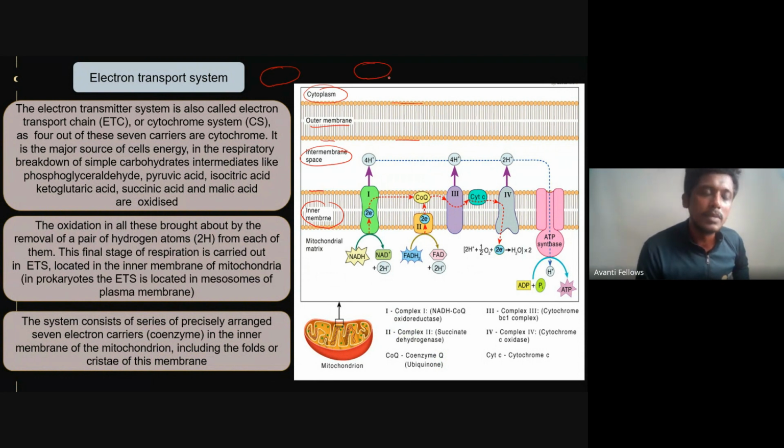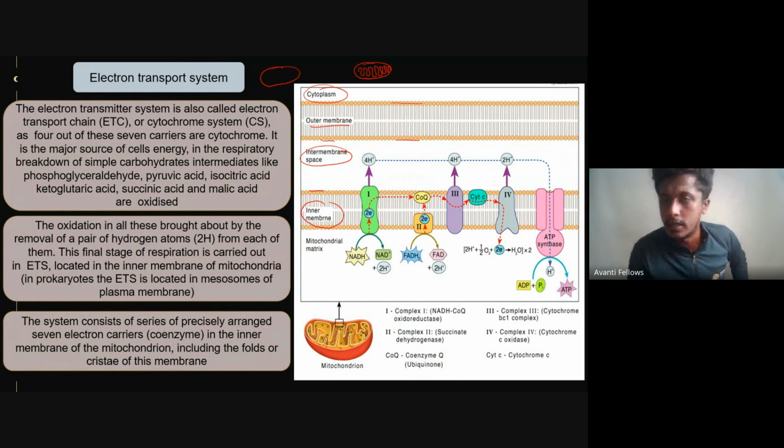When I say permeable, it allows many substances to cross through its border, such as hormones, enzymes, proteins, etc. Whereas the inner membrane is discontinuous. It is folded into a lot of finger-like projections called cristae, which divide our matrix into small compartments. The reason is that it increases the surface area for the reaction.